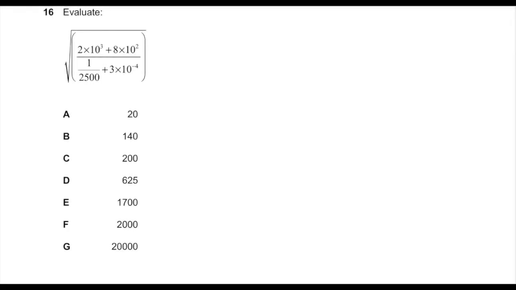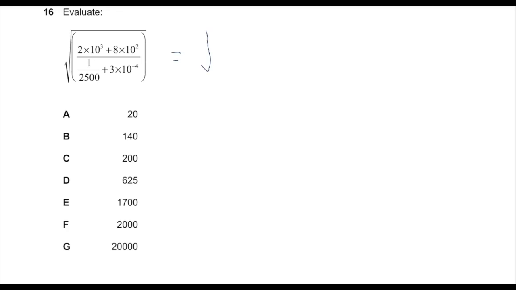Question number 16. Evaluate this equation. So this is relatively straightforward maths. There's not really much explaining to do, so I'm just going to write everything down and give my final answer.